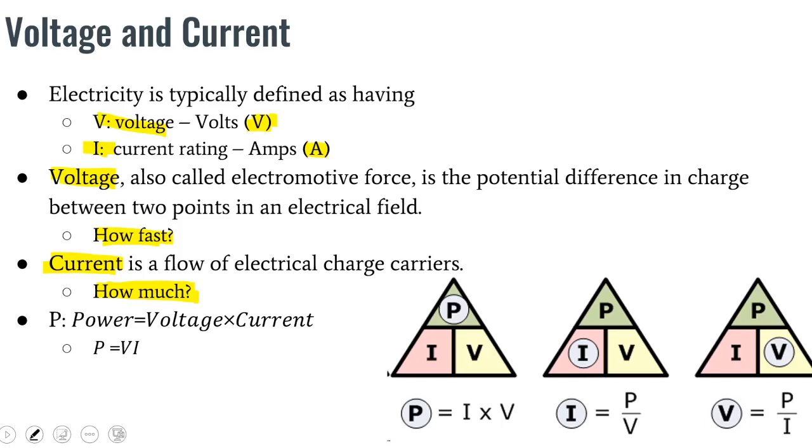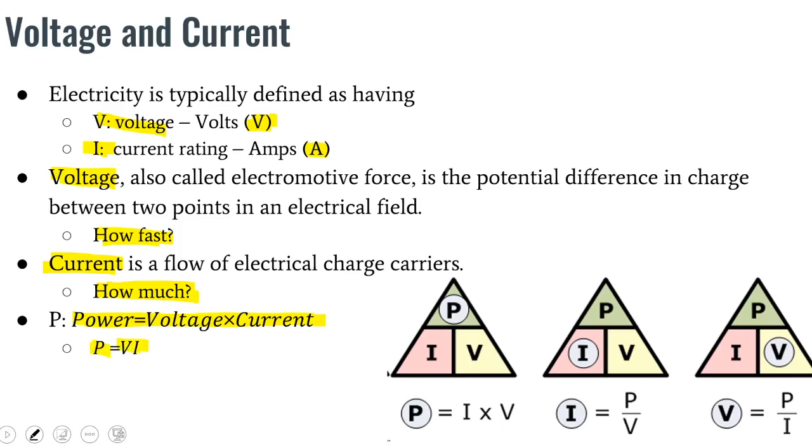Another equation that we may use quite a bit is power equals voltage times current. So for example, let's say you have a 240 volts power supply and 5 amperes are being taken from that, then you can calculate the power by multiplying the voltage and current.